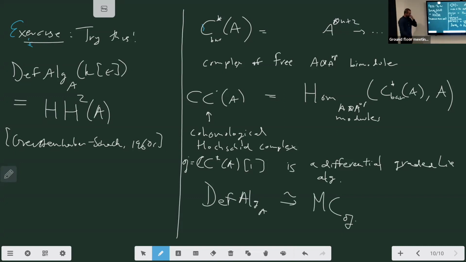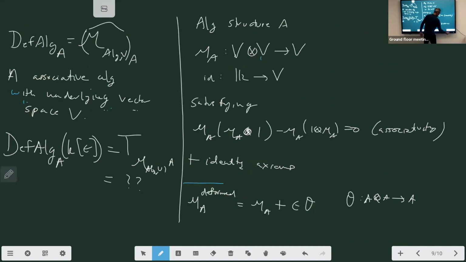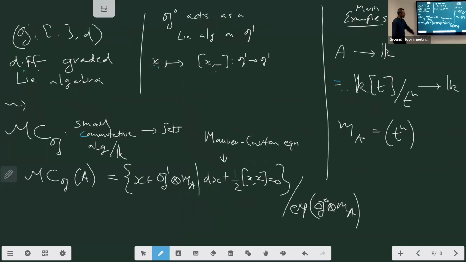So the Maurer-Cartan of g gives you an explicit way, given some purely algebraic data, a differential graded Lie algebra, to write down some equation called the Maurer-Cartan equation. We saw this equation. It's a very simple equation, just a quadratic equation, whose solutions, after you quotient by group action, give you a certain moduli space, a formal moduli space.